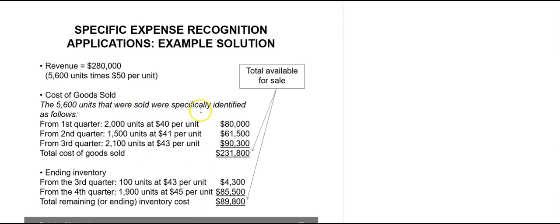As the company has specifically identified the units that were sold and the units that are left in the inventory, here we see that the cost of goods sold is equal to the cost of the 2000 units that were purchased in the first quarter at $40 per unit, the 1500 units that were purchased at $41 per unit in the second quarter, and the 2100 units purchased at $43 in the third quarter.